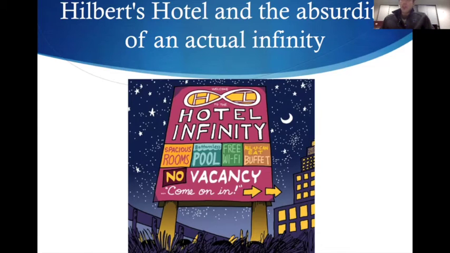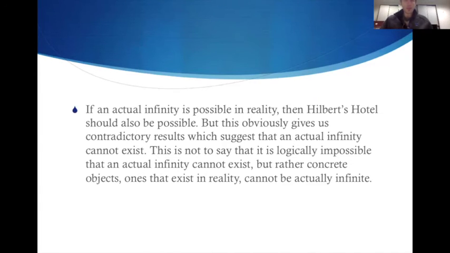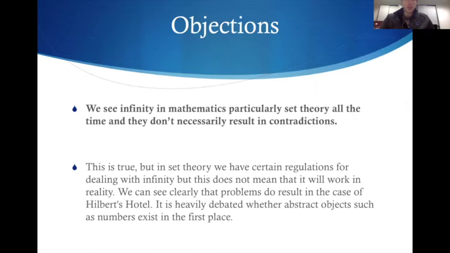And if you want to say that it is possible that there is an actual infinity of things in reality, then Hilbert's hotel should also be possible as well. And that's what this slide also says. But this violates all our intuitions about what's possible in the real world. It just doesn't seem like something like Hilbert's hotel could actually exist.